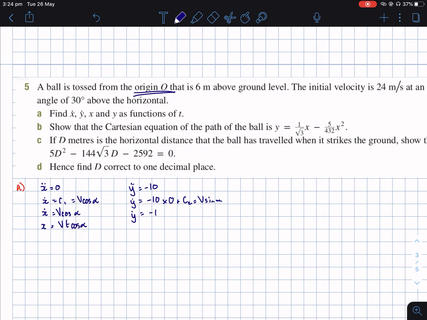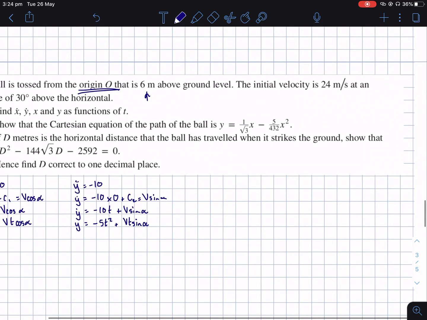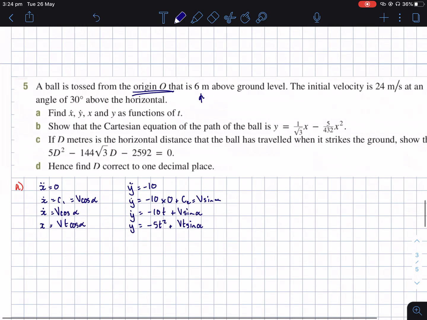Just pretending I went through all these steps. We know how to do this. So I'm pretending it took off from the origin. I'll deal with this shortly. Plus 6. No, actually, I'm going to deal with that. Okay, that'll do.